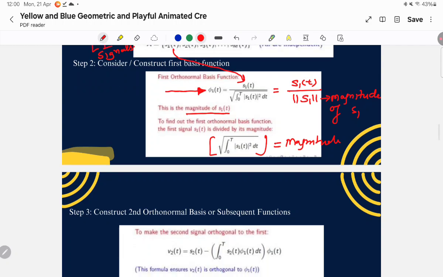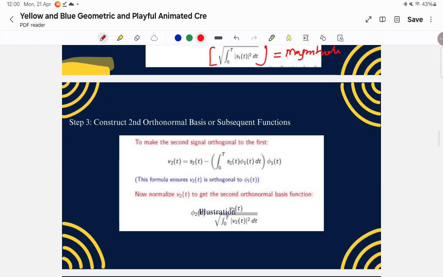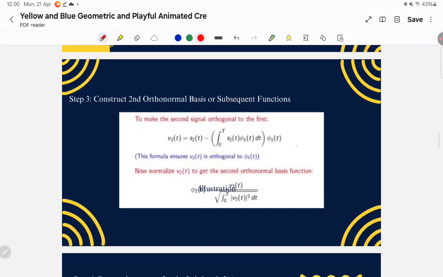Now we will create the second basis function, which is orthonormal to phi 1, means perpendicular or orthogonal to phi 1. So what is the process? This is the formula to compute the orthogonal signal.